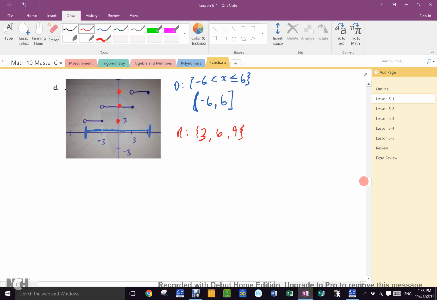They have a single output. The outputs are singular. It is not a bunch of numbers. It is only 3, 6, or 9. There are no decimals, whereas on the x value, I can have all of these decimals. Understand?